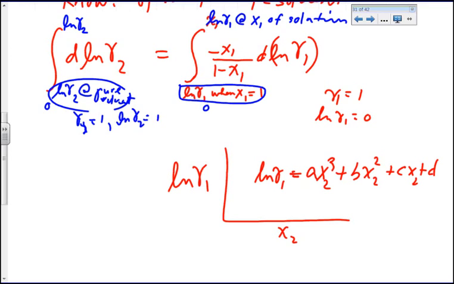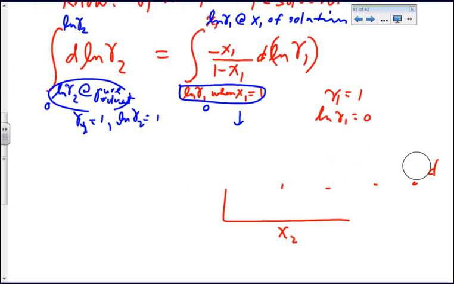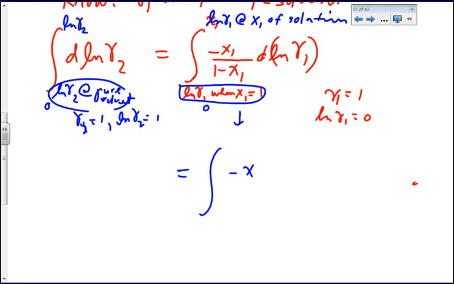And then you now have ln gamma 1 as a function of x2. So this integral over here, you can rewrite. You can just say this is now equal to negative, and I'm going to put everything in terms of x2.